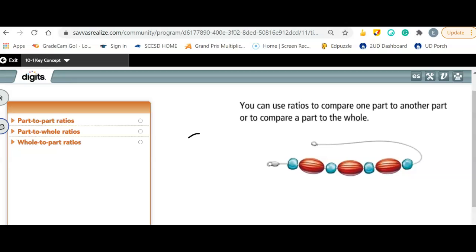If you just want to draw this, like this, 3 big ones. Okay, if you just want to draw that, I'm good with it. Just draw that above the whole to part. You have 3 big beads and 4 small beads above.